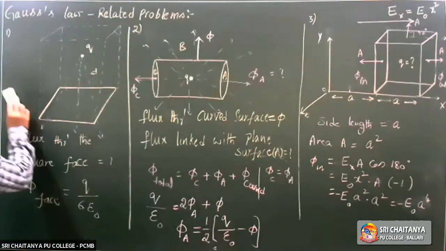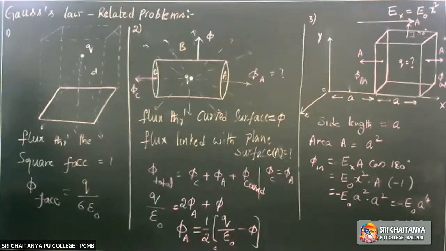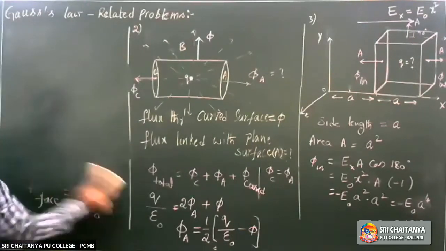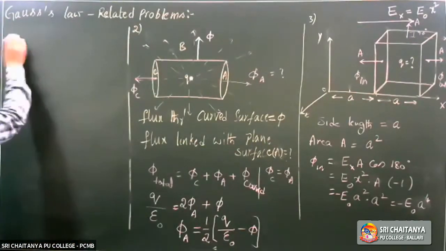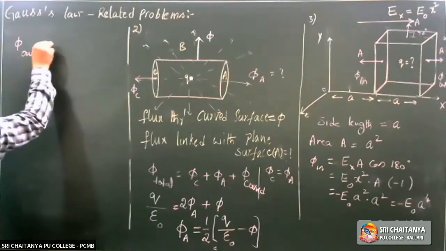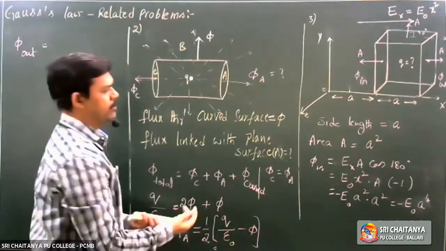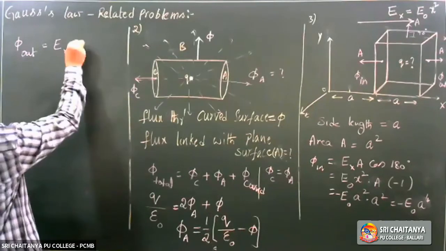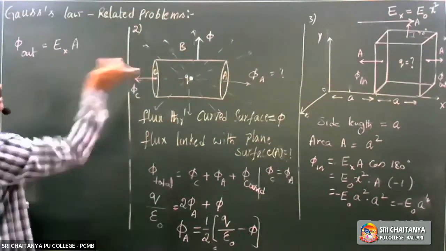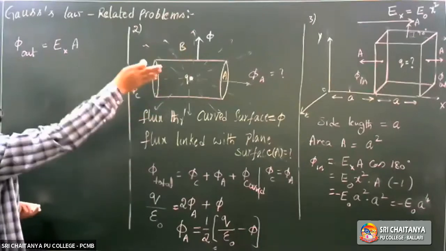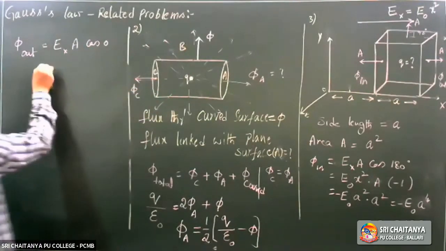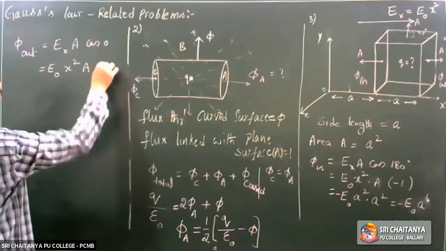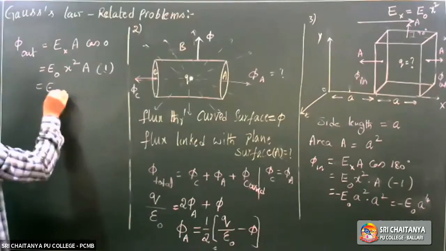What is phi out? For that problem, see there, Ex, area is A only. The angle between the area vector and the field vector, both are in the same direction, cos 0 is 1. Ex is what? E naught x square A. What is x square?